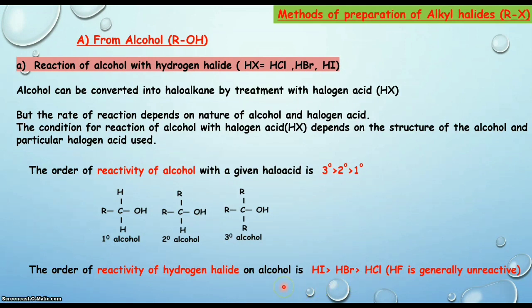What is this bond dissociation energy? Bond dissociation energy is the energy required to break a chemical bond. Here, the bond dissociation energy of HI is less than that of HBr and HCl. Therefore, the reactivity of hydrogen iodide is more than that of HBr and HCl.